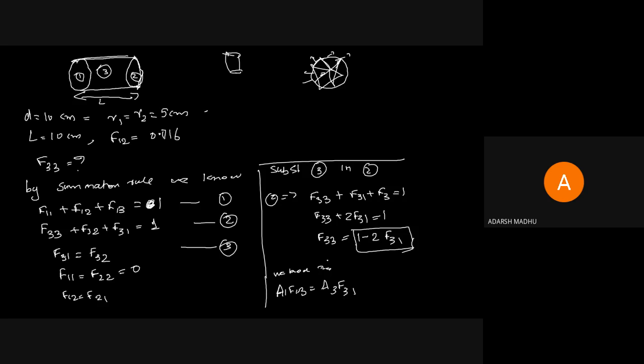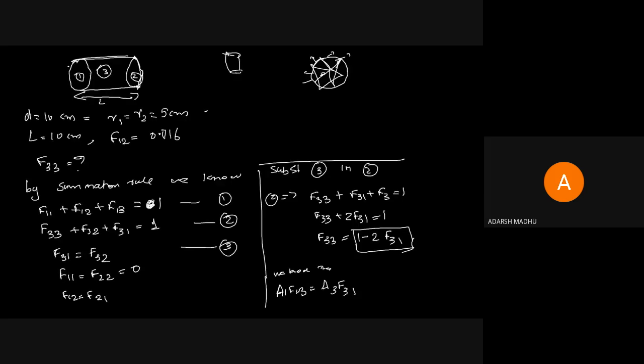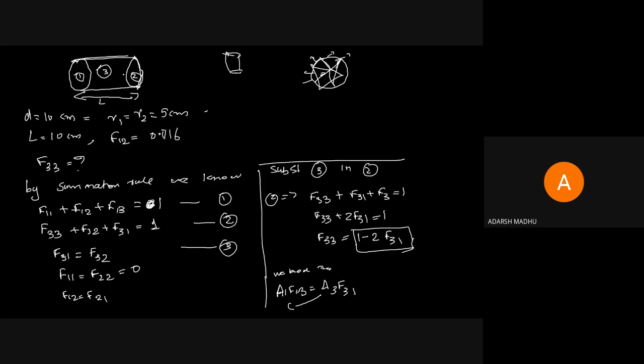From here we can write the equation for F31 equal to A1 by A3 into F13.